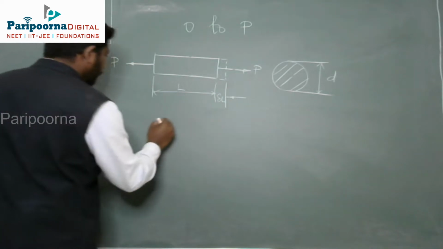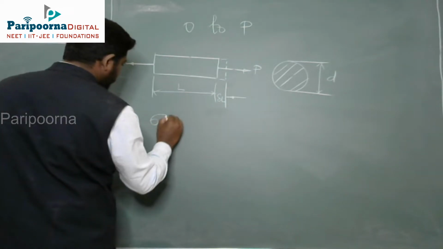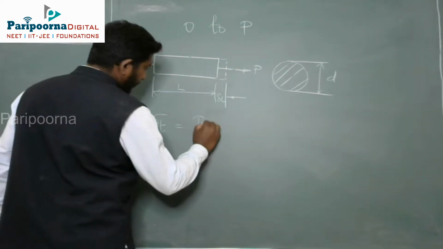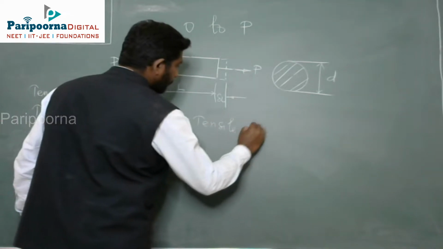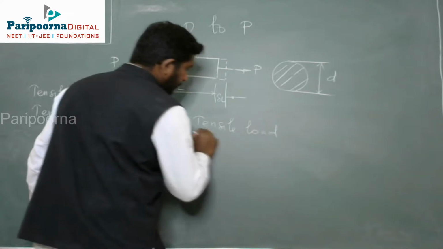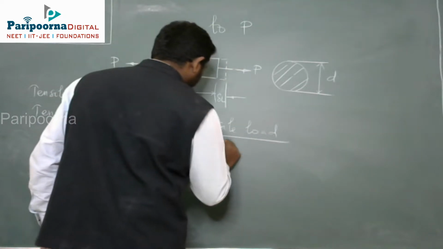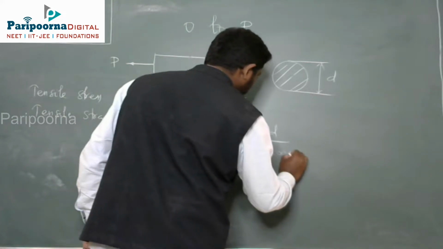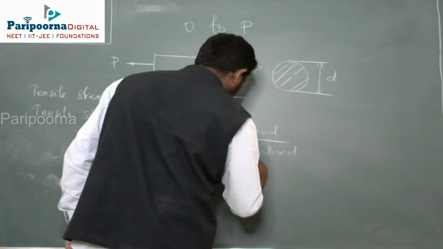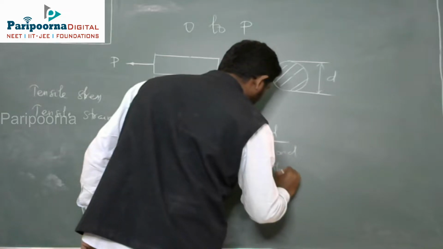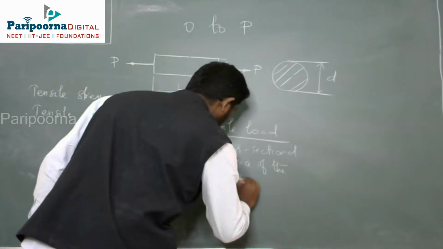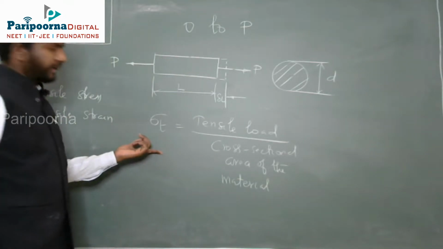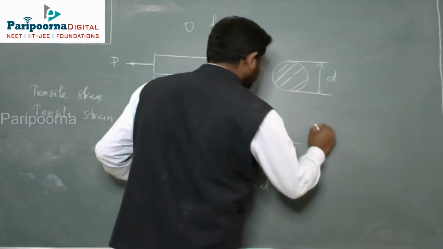If you want to give a mathematical expression for tensile stress, sigma subscript T is the tensile load over the cross sectional area of the material.